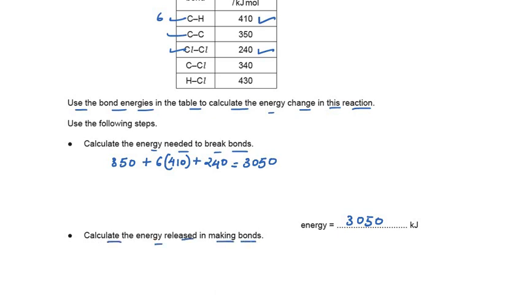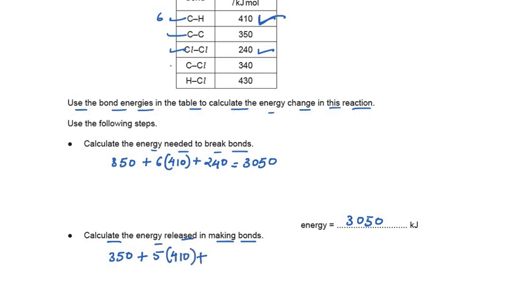Now the next part says calculate the energy released in making the bonds. So this is the energy of the product side, where we had seen again there was one C-C bond. If there is one C-C bond, then again it has to be 350. For the C-H bond we had seen that there was one less, so we are now multiplying the C-H bond, that is 410, with 5 in place of 6 which we had done on the reactant side.